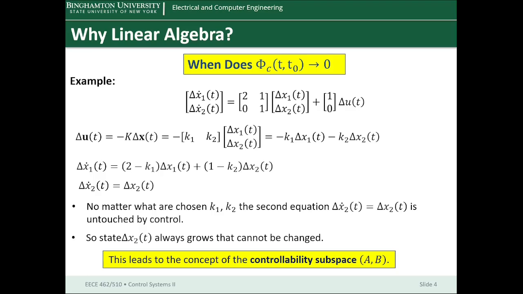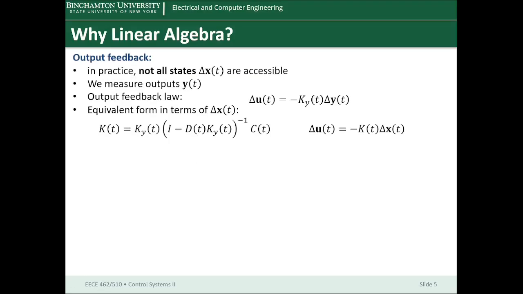It's easy. But for a large system, we need a systematic method to determine whether all states are controllable. And this is exactly where linear algebra becomes essential. To answer these questions, we need to understand the idea of a subspace, and we need the tools of linear algebra to formally analyze controllability. Now, let's dive into another challenge.